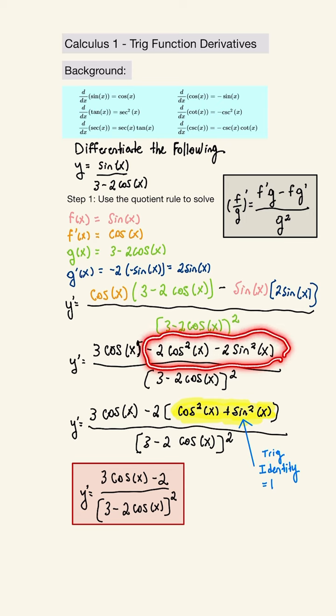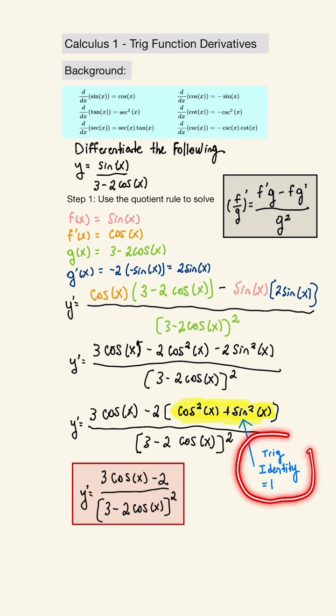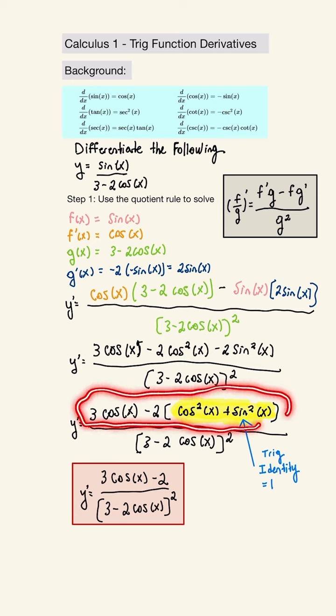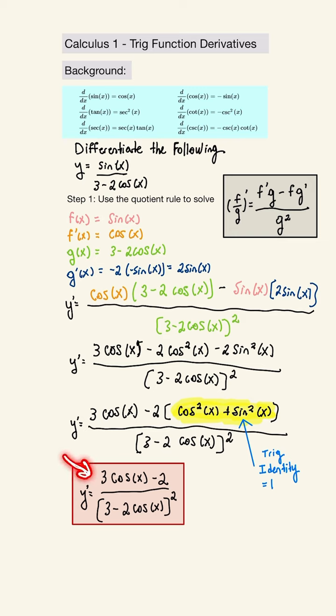So this can be simplified by factoring out this negative 2, which will give us negative 2 multiplied by cosine squared x plus sine squared x, which we know is a trig identity, which will be equal to 1. And so that'll help us simplify this top portion. And what we're going to be left with is our solution, which is 3 multiplied by cosine x minus 2 all over 3 minus 2 cosine x squared.